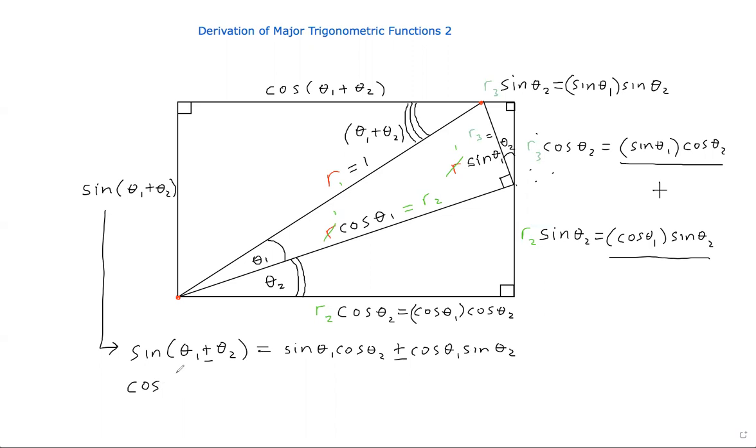do the same for the cosine of theta 1 plus theta 2. Okay. So in this, we know that this is the magnitude or the length of cosine of theta 1 plus theta 2, but notice that it's not equal to the whole side. We have this section that we have to subtract, okay?